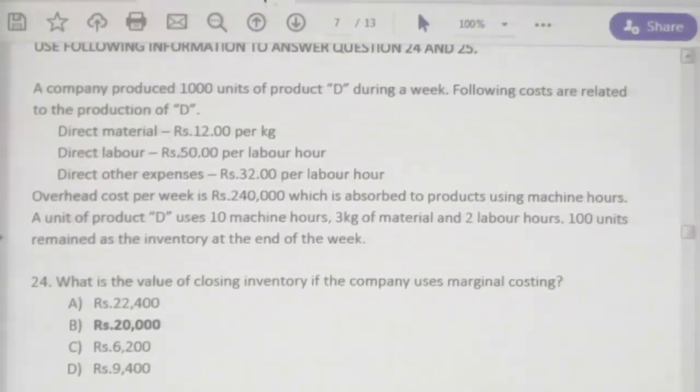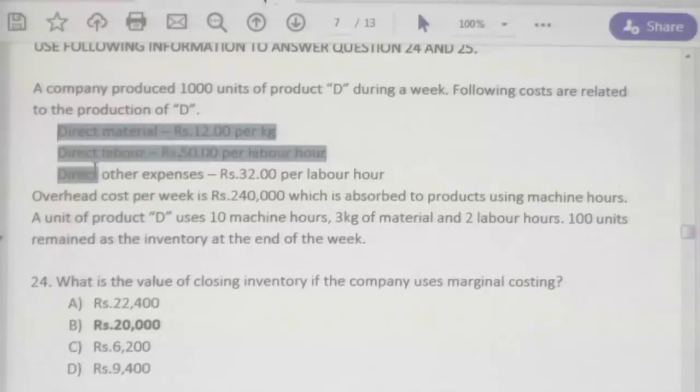That means the 100 units of closing inventory should be multiplied by the marginal cost per unit. Marginal cost means the variable cost. Here direct material, direct labor and direct other expenses are the marginal cost.